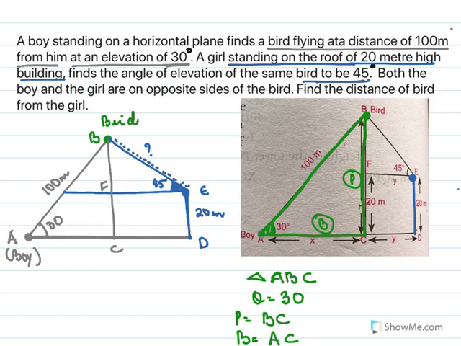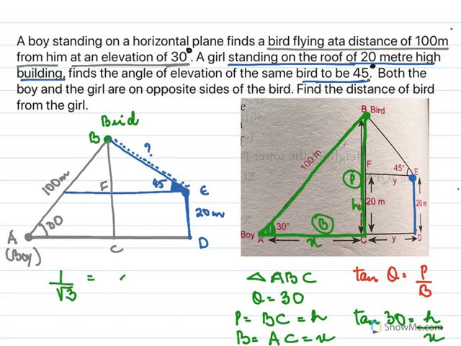Here they've taken the perpendicular as H, and the base as X. So we do tan theta, perpendicular over base, that is tan of 30, perpendicular H, base X, and we know tan 30 is 1 by root 3. So 1 by root 3 is H over X. So the H will be X over root 3.